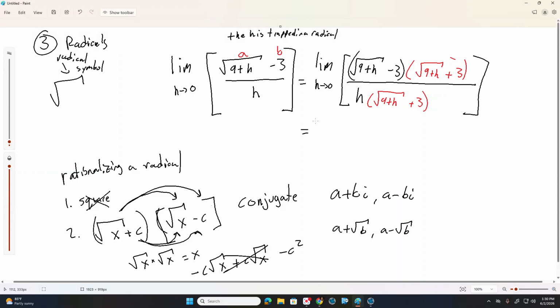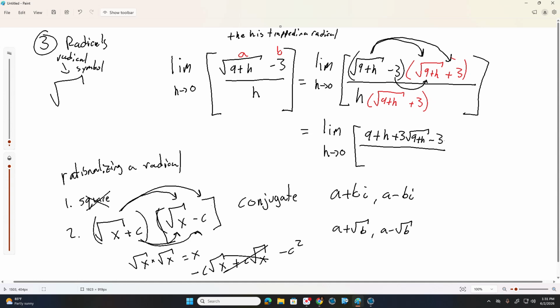Okay, let's keep this limit going. This is going to be the limit as h approaches 0 of, once again, factoring, the square root times the square root is just going to knock out that 9 plus h. We're going to pick up plus 3 the square root of 9 plus h. But remember, this is why we did the conjugate. When we do a negative, we're going to subtract 3 the square root of 9 plus h, and that term and that term are going to cancel.